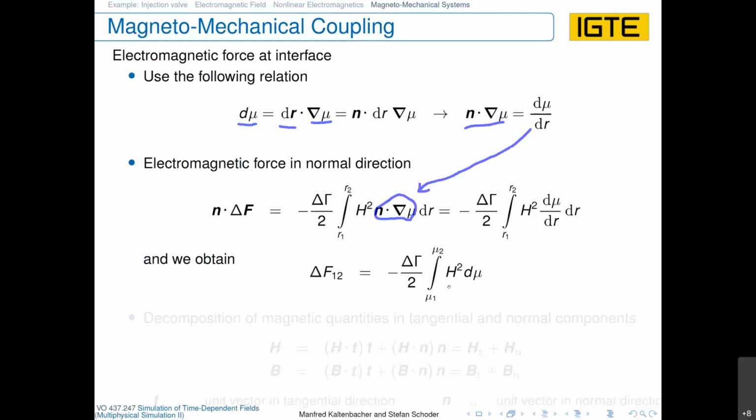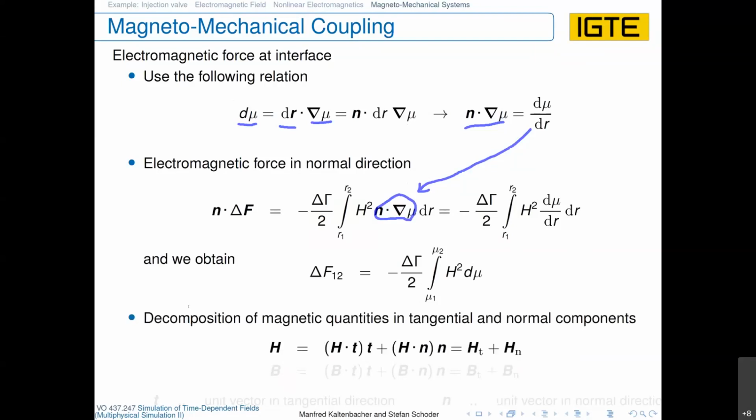Now, we have to take into account that h itself is continuous, but just the tangential component. The normal component can jump, and that's why we rewrite the magnetic field intensity as a vector with its tangential component multiplied by the unit tangential vector, and the normal component multiplied by the normal vector.